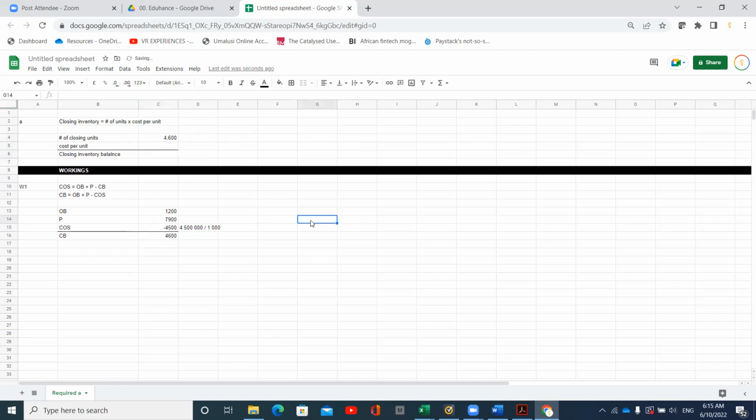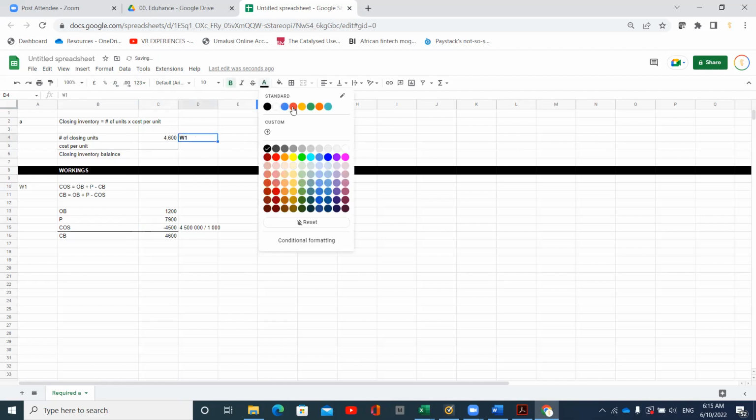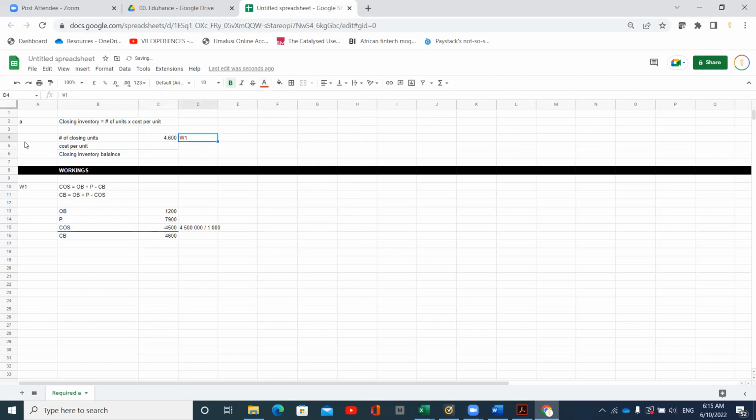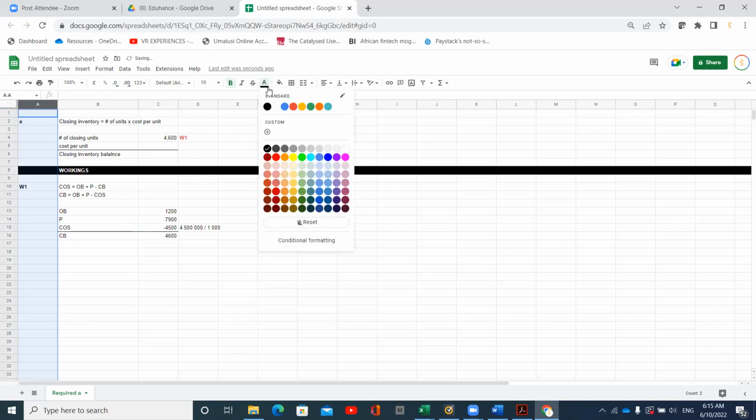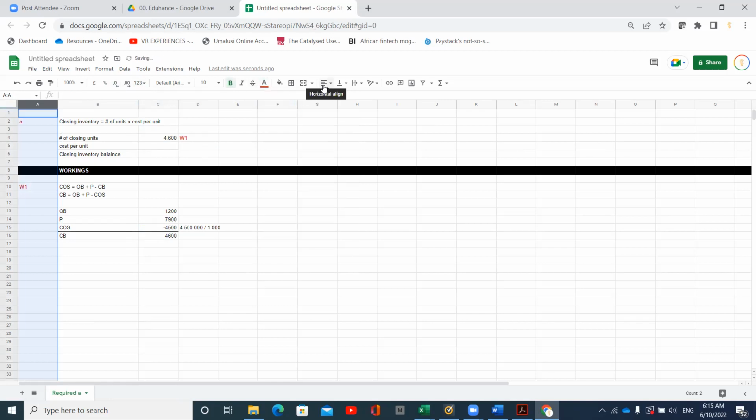Okay, so now we can work out the cost per unit. Okay, so when we work out the cost per unit, this is where the thinking of what is a cost of a product?